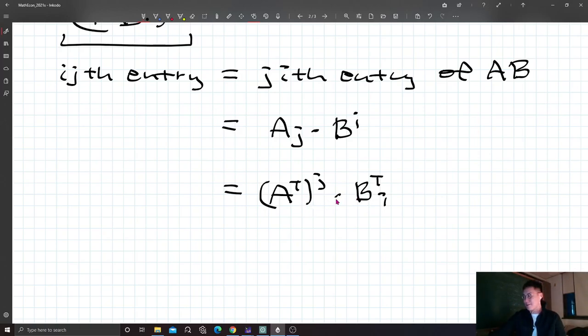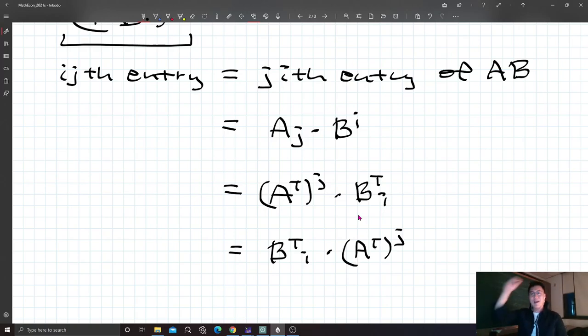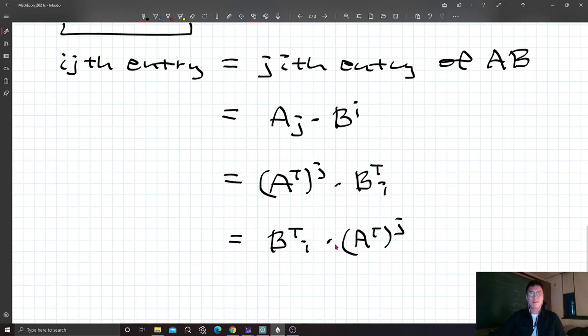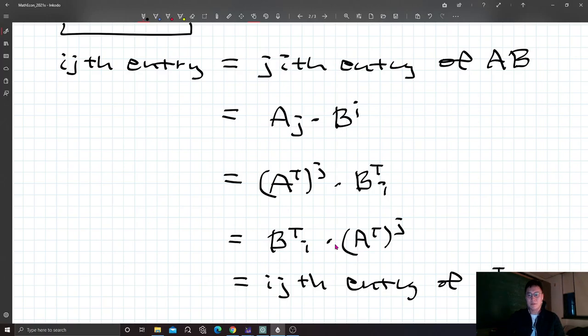And for the dot product, the commutative law holds, so we can reverse the order: the ith row of B transpose dot the jth column of A transpose. And what is this? This is the ijth entry of B transpose times A transpose.